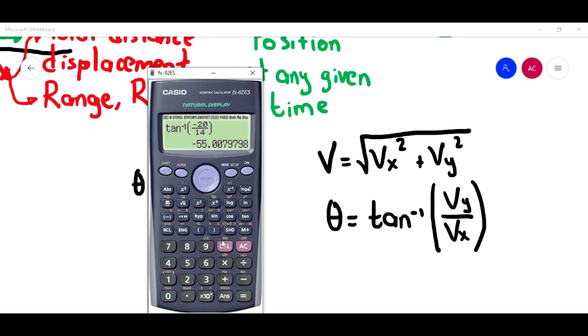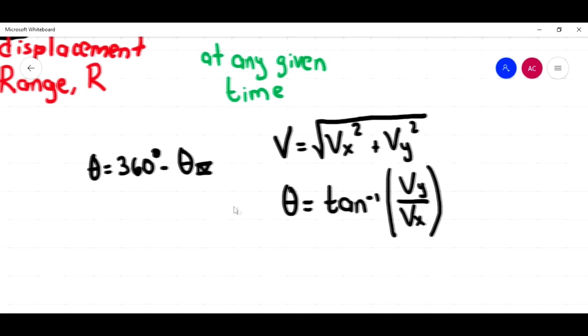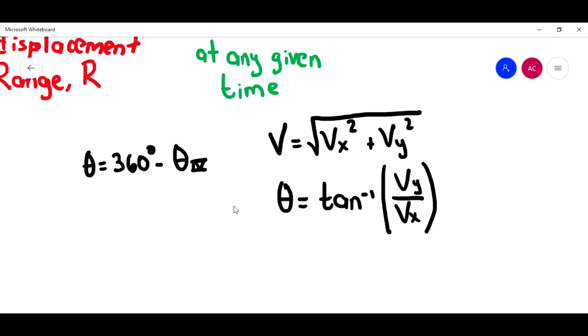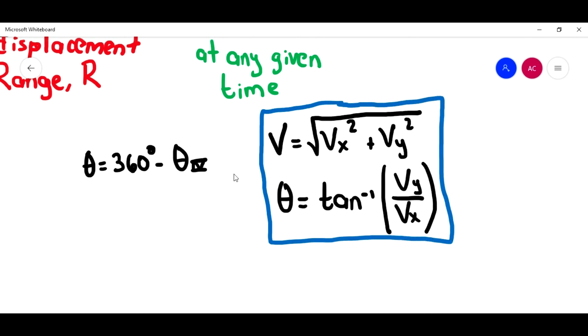So the only thing that I'm going to do is add 360 degrees, and that will be the total angle, 304.9920 degrees. Okay, so it is very important that you identify that we are in the fourth quadrant. Depending on the quadrant, that's the equation that we're going to use, and that information is also in the vectors video that I just made, and I'm going to put the suggestion over here.